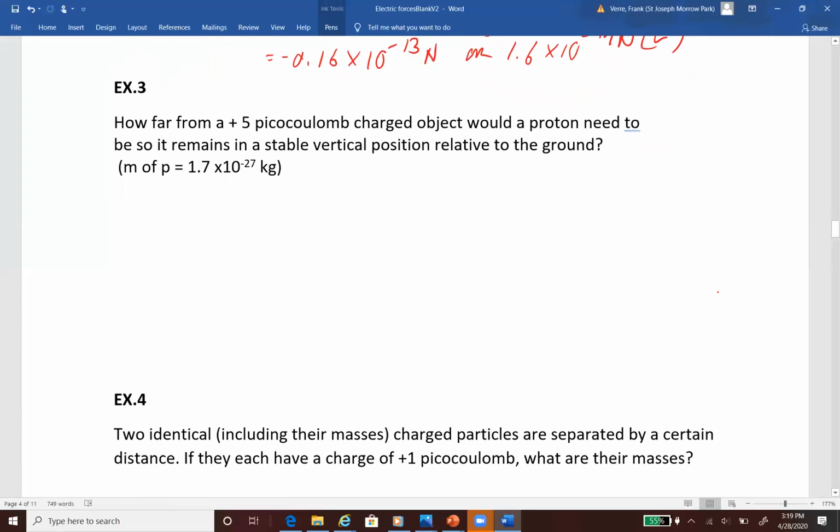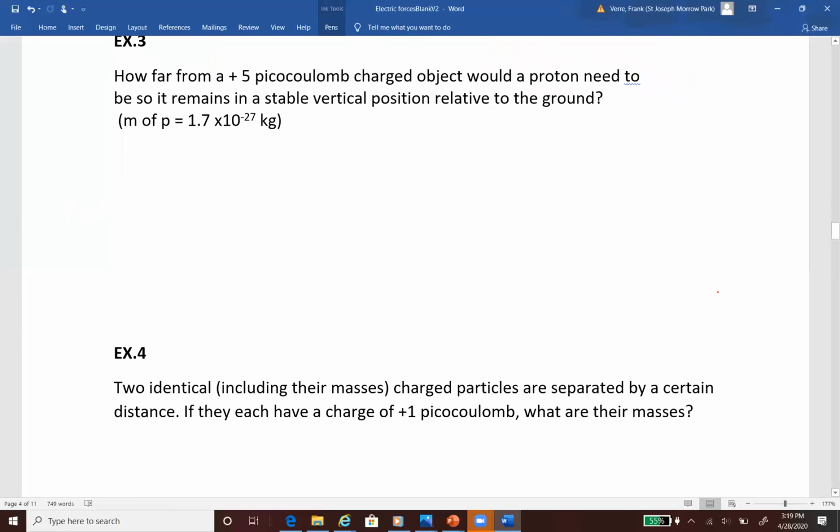Okay, so let's look at number 5. Here we have an object with a 5 picocoulomb charge, and it's basically keeping a proton stable in a vertical position relative to the ground. So let's imagine that here is my charged object.